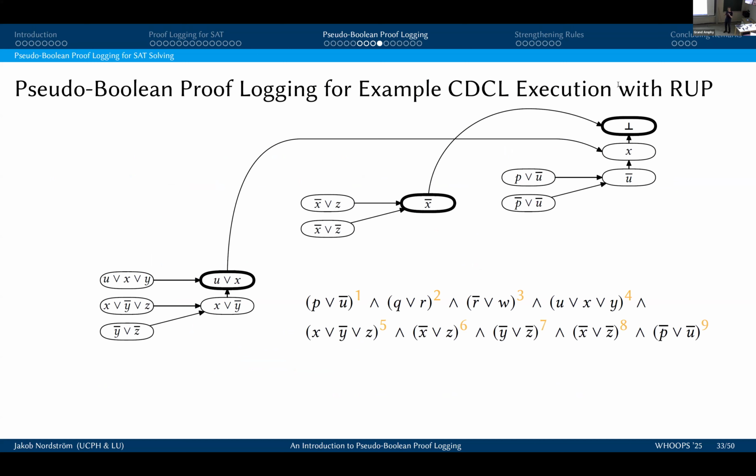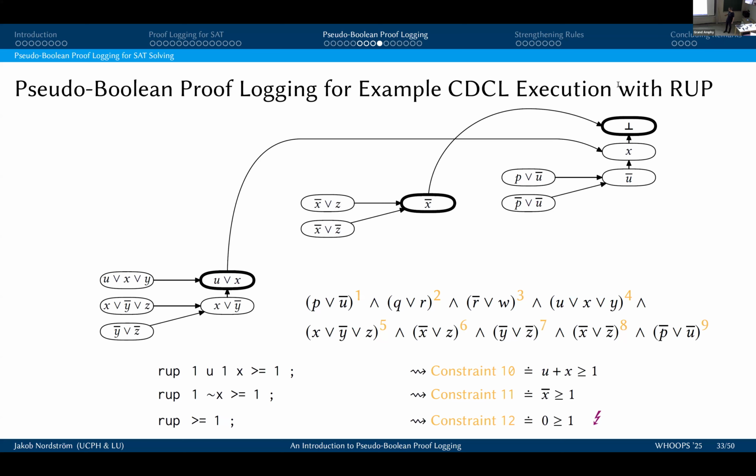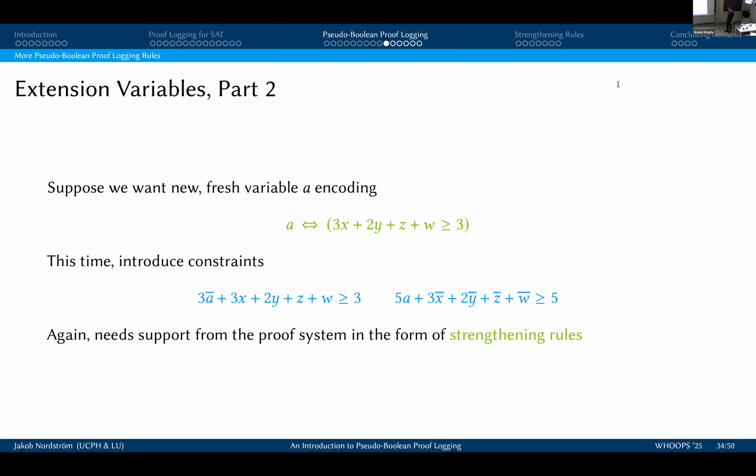That just means add the negation of the constraint and propagate. Our shorter RUP proof would then look like this in a pseudo-Boolean proof log. This is basically just asserting first that u or x has to be true, then asserting that x has to be false, and then asserting that 0 has to be greater or equal 1. That is, I'm asserting contradiction.